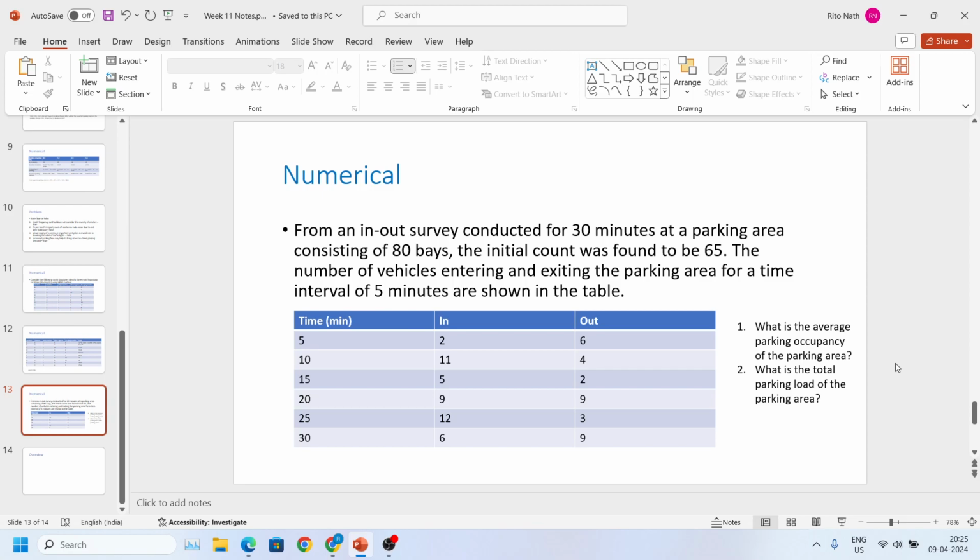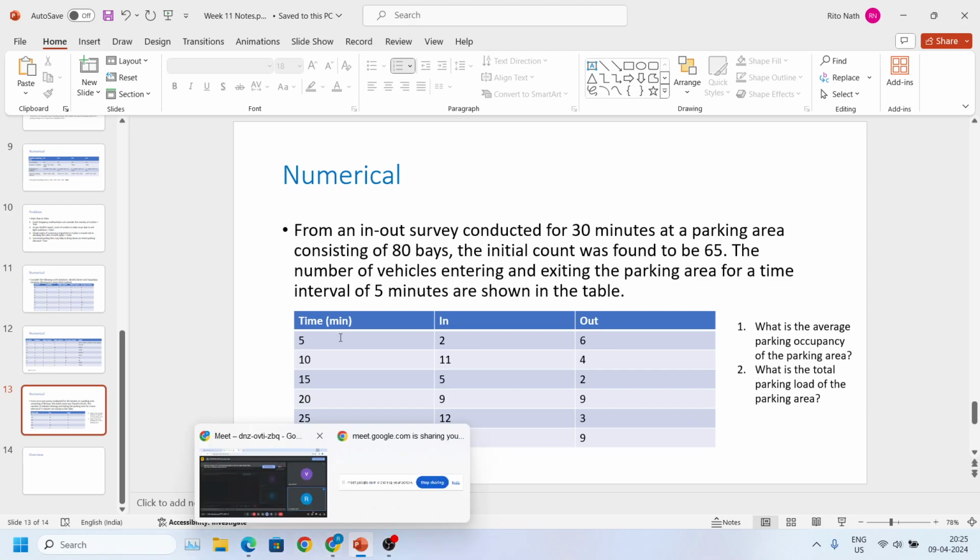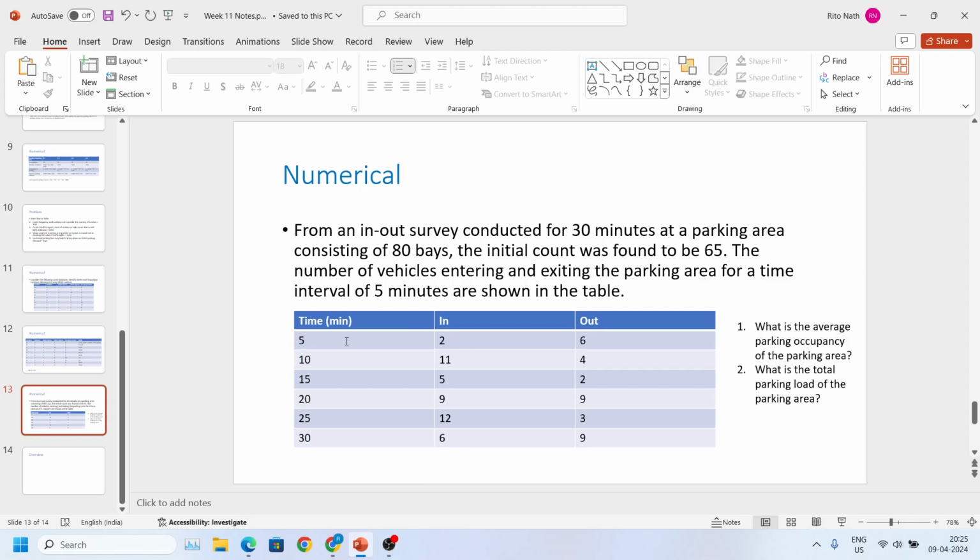So let me solve it on the next slide. We'll create a similar table there. It's 7.